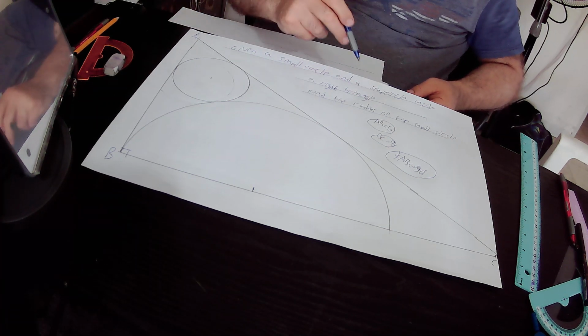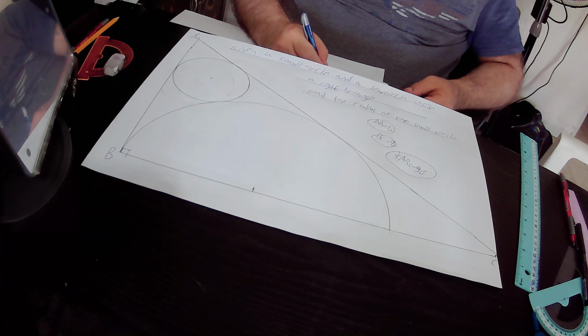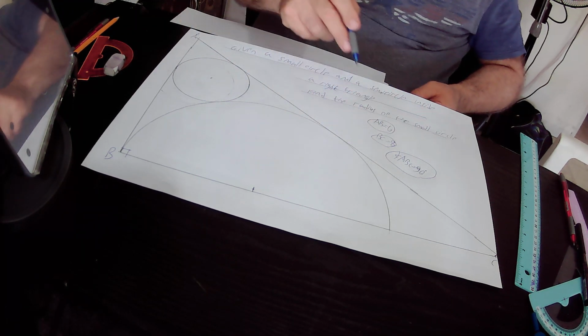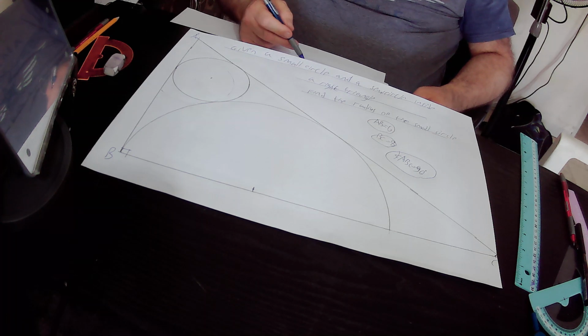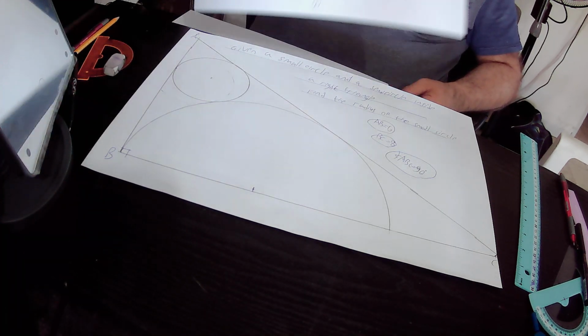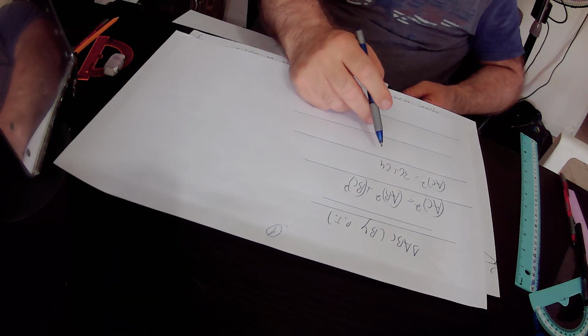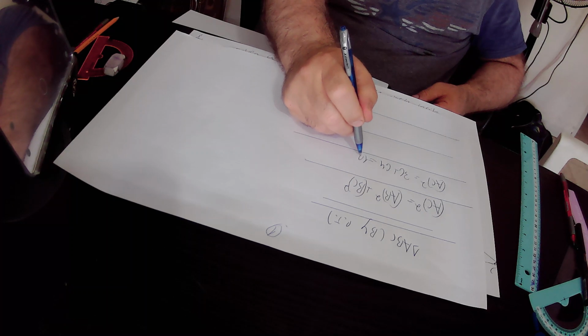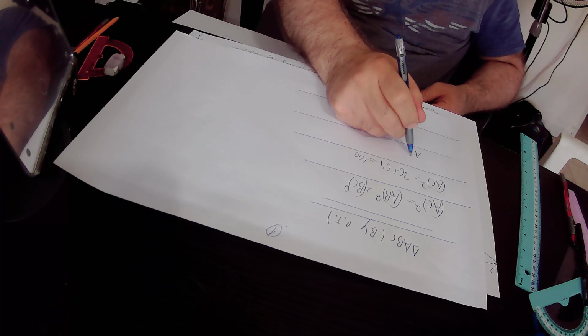AB is 6, therefore AB square is 6 square, that is 36, plus BC square. BC is 8, therefore BC square is 8 square, that is 64. So now we found that AC square equals 36 plus 64, that is 100. So AC square equals 100.